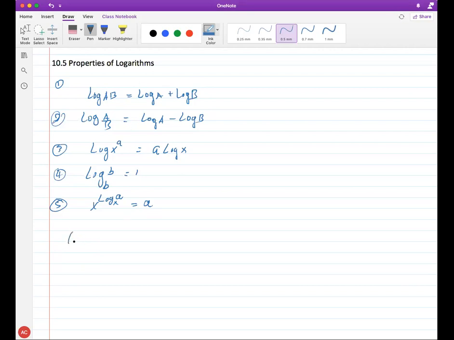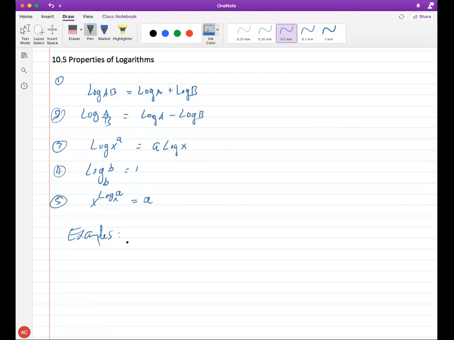Now let's do some examples with these properties. So the question may say, or you may have, for example, log base 2 of 8 plus log base 2 of, let's say, 2.